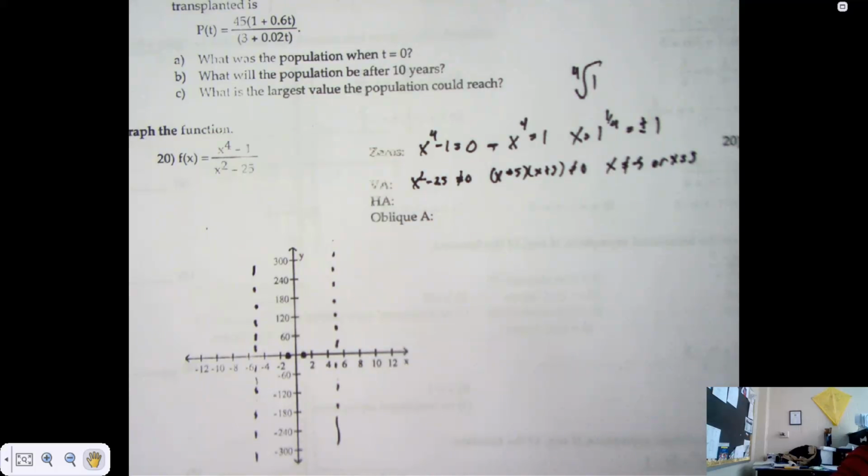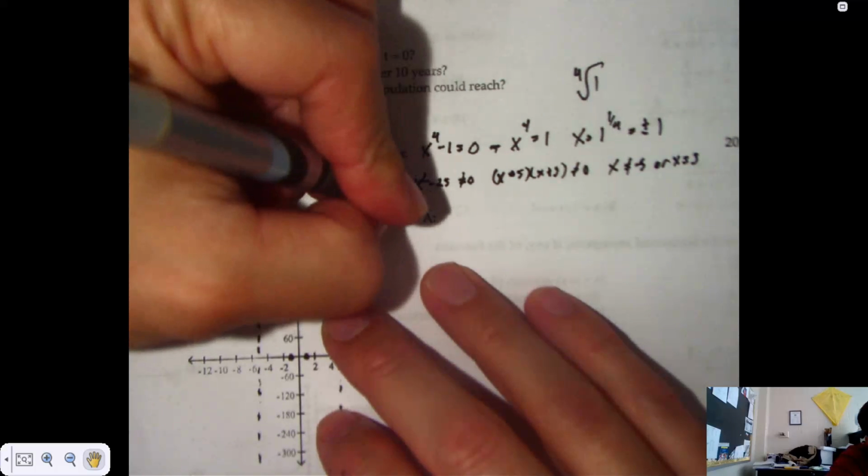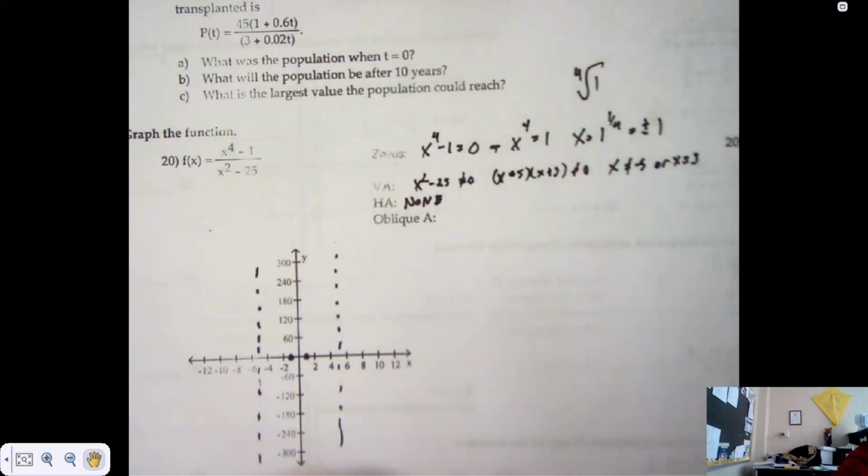Why not? There's more up high. Horizontal asymptotes happen when the degrees match or the bottom is higher, because the bottom outruns the top. This one doesn't have a horizontal asymptote. Does it have a slant asymptote?